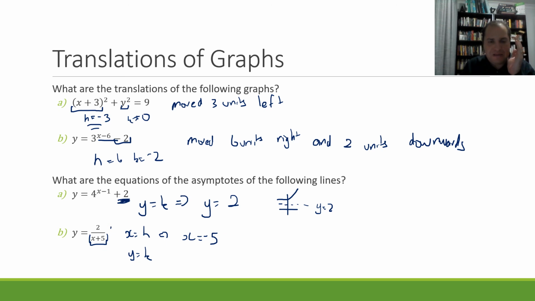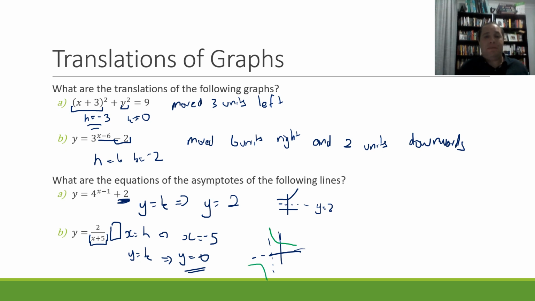And k, there's no k value on the end, so y equals 0 is the asymptote of our rectangular hyperbola. So negative 5 will be here, and our y equals 0, and our hyperbola will go something like that.